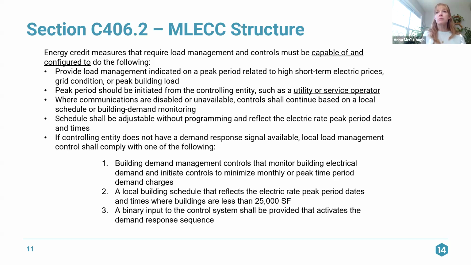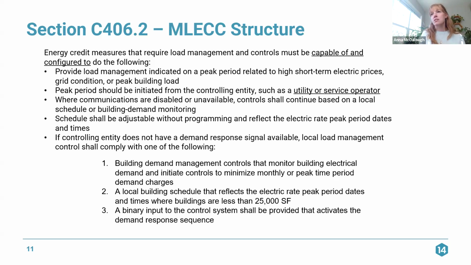The peak period should be initiated from the controlling entity, such as a utility or service operator. And there are exceptions for if a utility and service operator doesn't have a response signal available. So if you're in a building where your utility doesn't have that capability, there are exceptions and instructions on how to reduce your building's peak load.